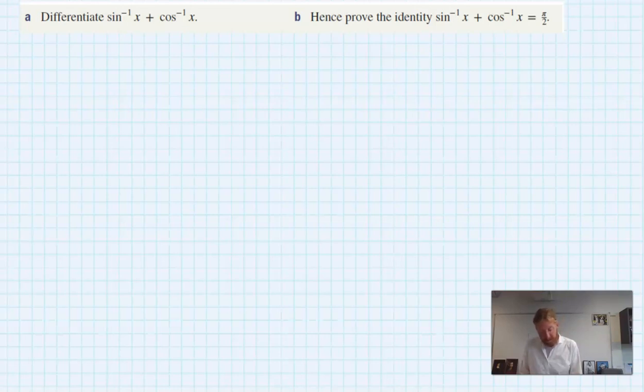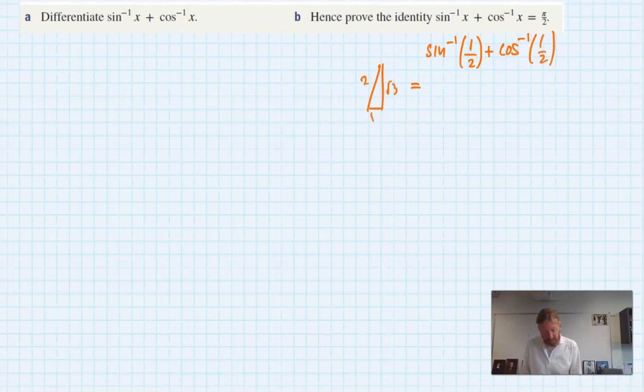But let's just put in sine inverse, let's choose a half, plus cos inverse a half. Sine inverse a half is, which angle has a sine of a half?